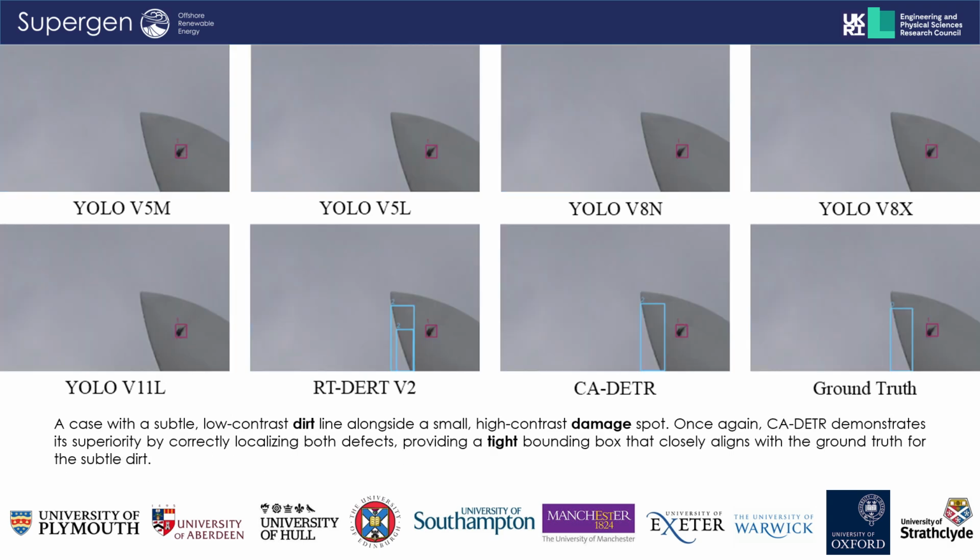This is another challenging example, involving a subtle low-contrast dirt line together with a small high-contrast damage spot. These mixed visibility cases are particularly difficult because one target is visually obvious, while the other is much less distinct.